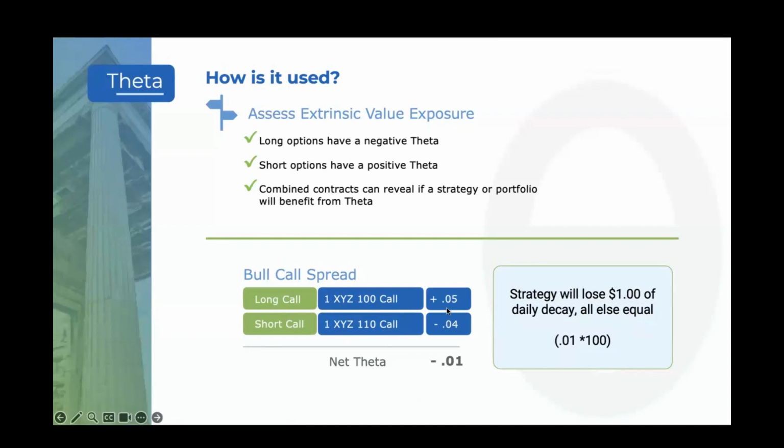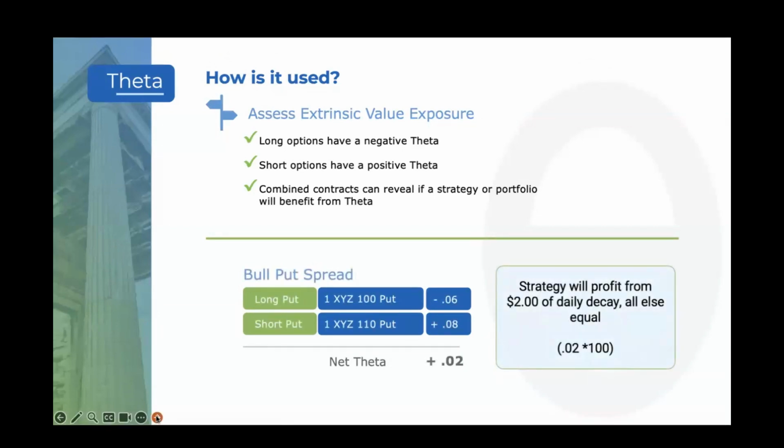When you do that, while you're reducing your cost, you're reducing your theta exposure because you're selling theta against your long theta. So therefore, you minimize those decay effects. That is just a great example of the Greeks in action based on principles we already know.